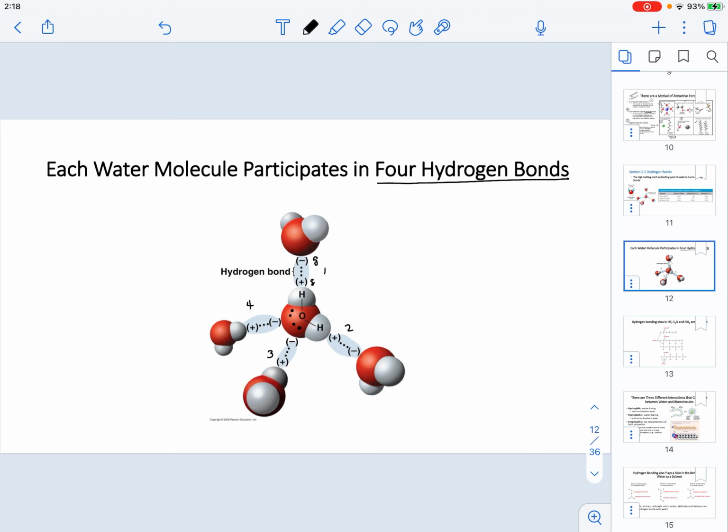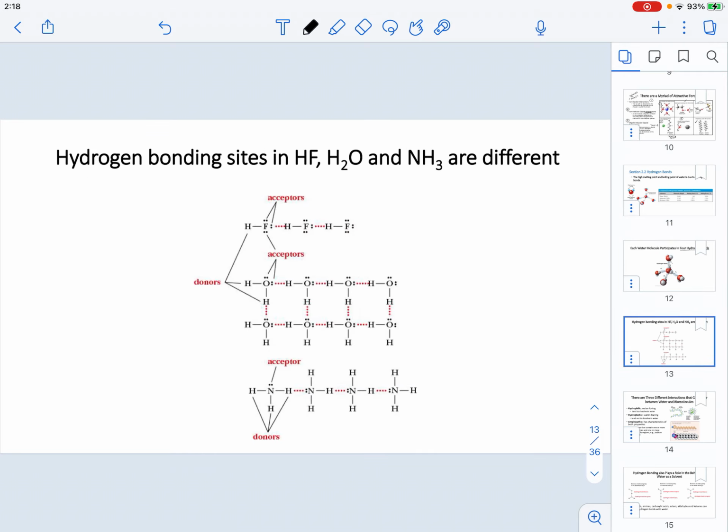Now, understand that hydrogen bonding events are not exclusive to water. We illustrated in the previous video how ammonia can also have hydrogen bonding events. So when we compare hydrogen bonding events between molecules that are known to have hydrogen bonding between them, we can see that water has a greater number compared to, for example, hydrogen fluoride or hydrogen monofluoride.